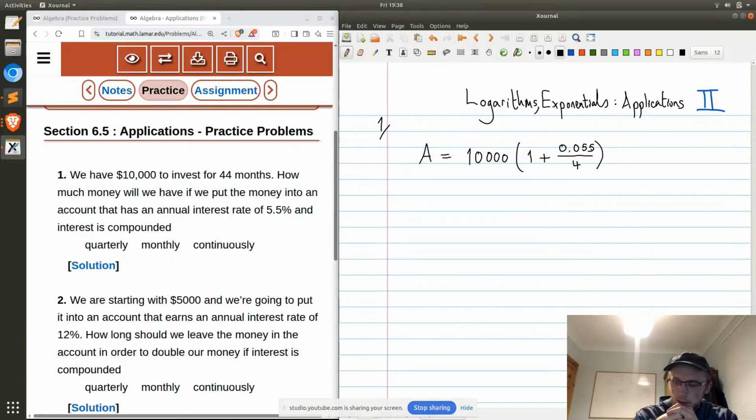And 36 over 8 is 3 2/3. So it's that many years. And m is 4. So I think it's this. I think. And now it's time to do it. Divide that by 4. 275.